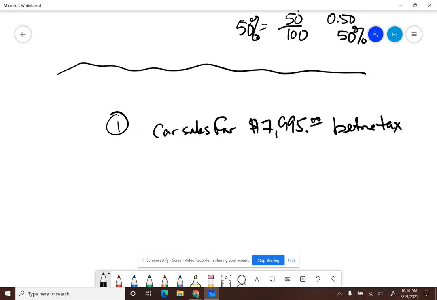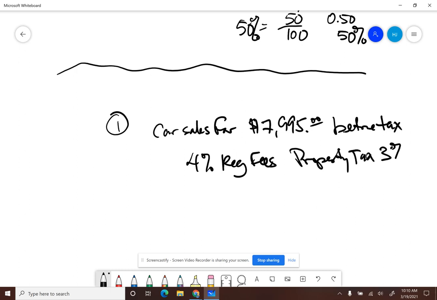Okay, so you have 4% in registration fees, and you have property tax. Believe it or not, there is property tax on vehicles. Property tax of 3%. And so the question is, how much are you as a buyer going to pay in taxes? Well, you're going to pay 4% in registration fees and 3% in property tax.